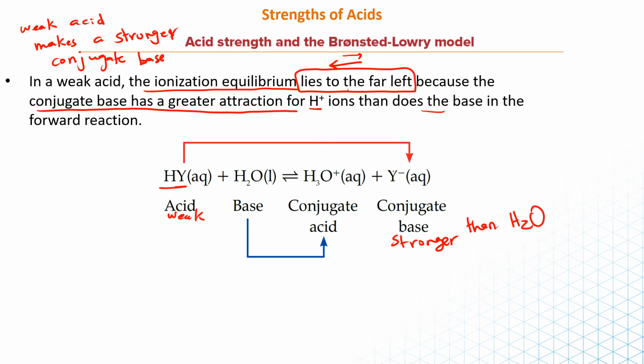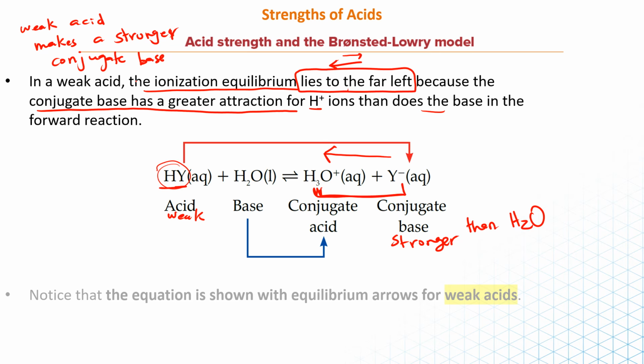So because this one is stronger than H2O, فهي راح تريد ال H plus أكثر من ال H2O. It wants the H plus more than H2O. That's why, because it wants the H plus more than H2O, the reaction will almost lie to the left side. So HY is going to be more than these ions. And that's why this acid is weak.